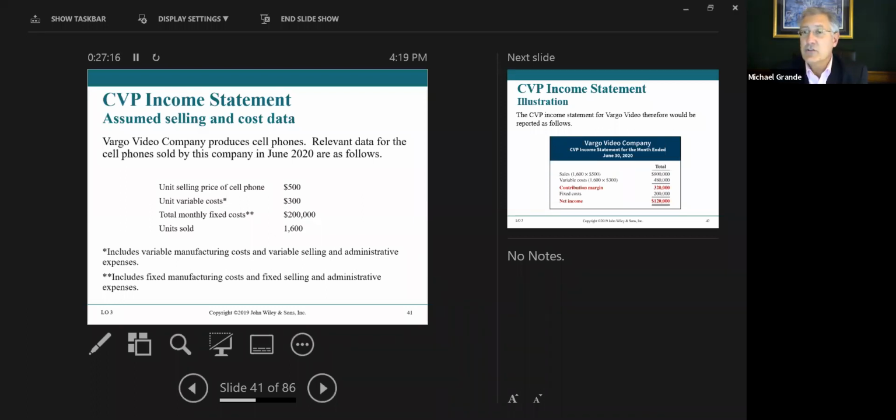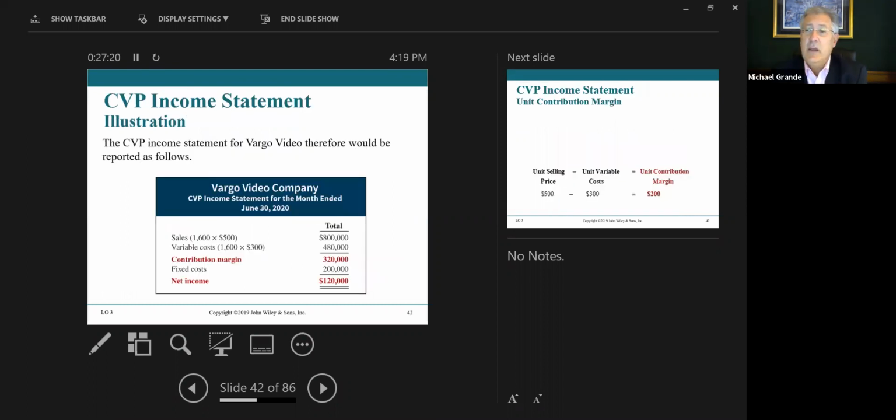So we want to construct a contribution format income statement. It starts with sales. We then subtract variable costs, which gives us contribution margin. We then subtract fixed costs, and we end up with net income.